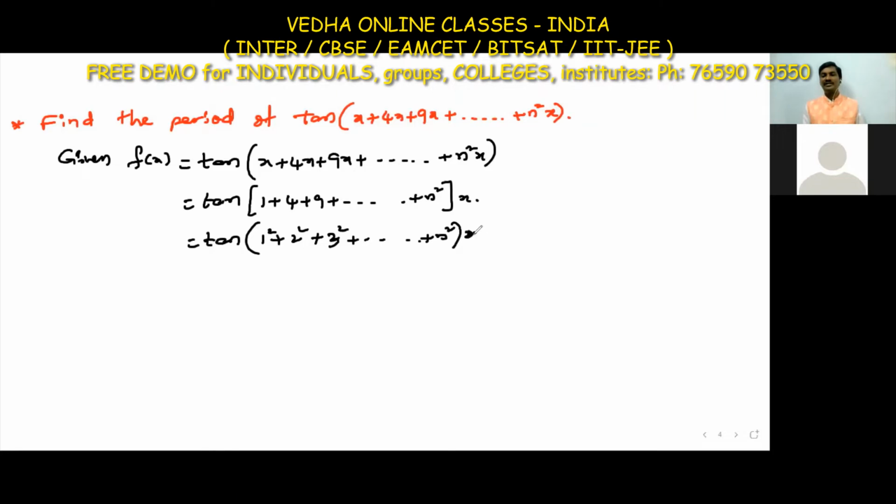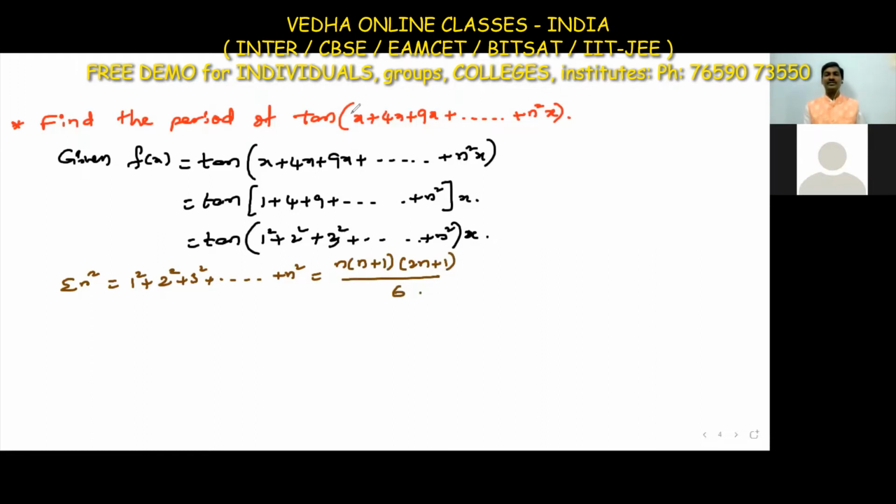Can we write like this? Yes, we have the formula for sigma n square, that is 1 square plus 2 square plus 3 square and so on plus n square, the sum of the squares of the natural numbers formula: n into n plus 1 into 2n plus 1 by 6.